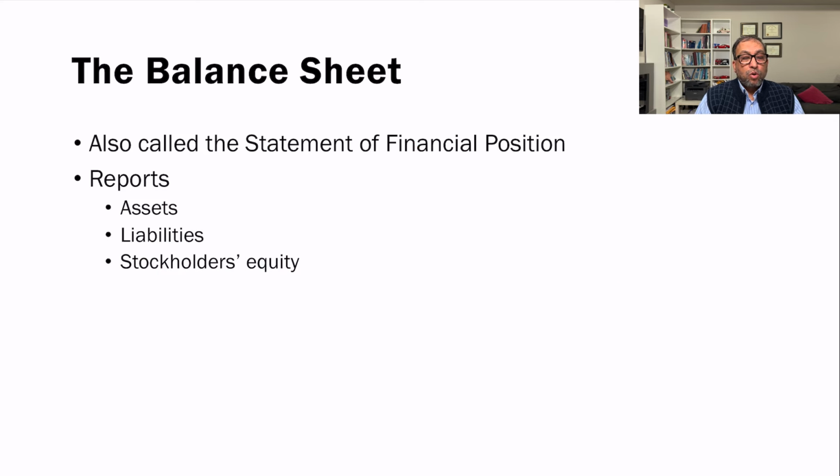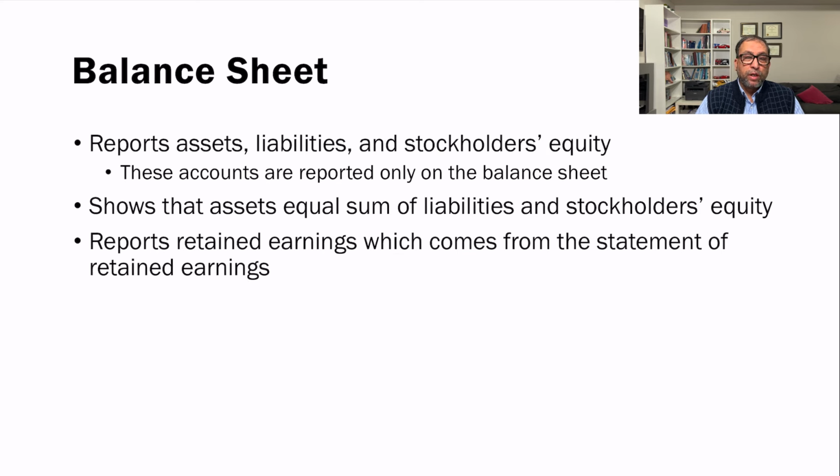The balance sheet is also called the statement of financial position, and mostly in North America we use statement of financial position as the name of a balance sheet. What does this balance sheet report? Assets is one thing, the other is liabilities, and the third is a residual value. When I say residual value, it means assets minus liabilities is the shareholders' equity or owner's equity.